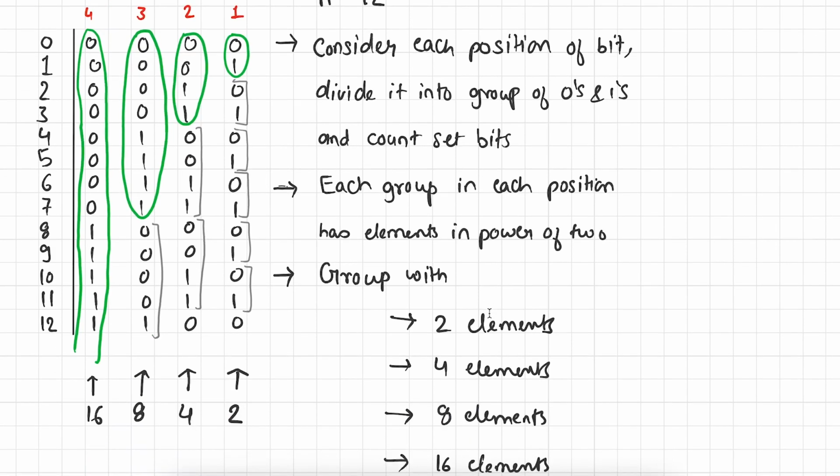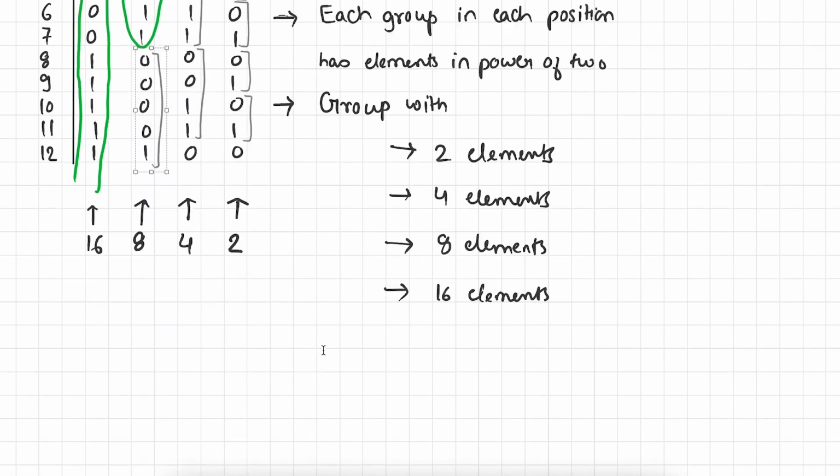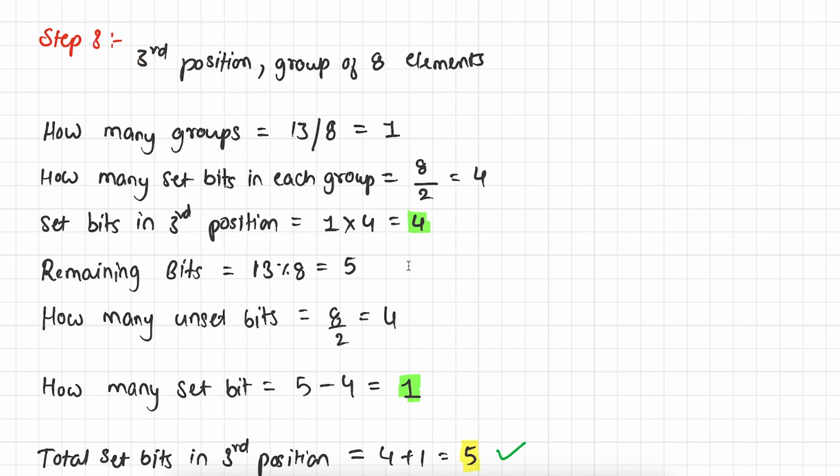Now if you observe, after finding the group, a few elements are remaining, because this is not a complete group. In this group there are 8 elements, but in this one there are only 5 elements, and there is 1 set bit in this group. So we have to count this also. Let's see how we can calculate it. First, we have to calculate how many remaining bits there are. When we take modulo of 13 by 8, we get the remaining bits.